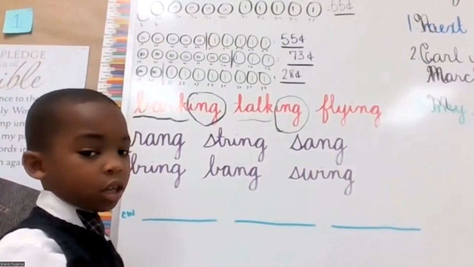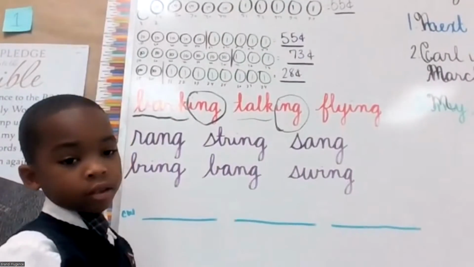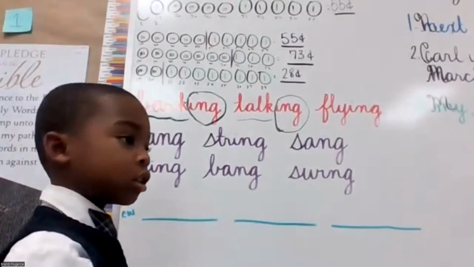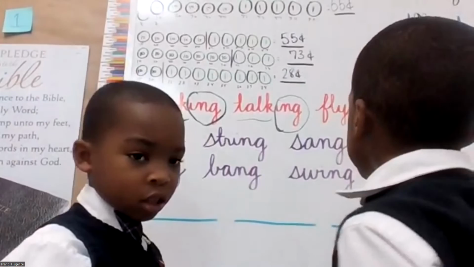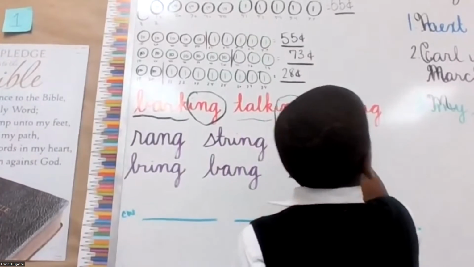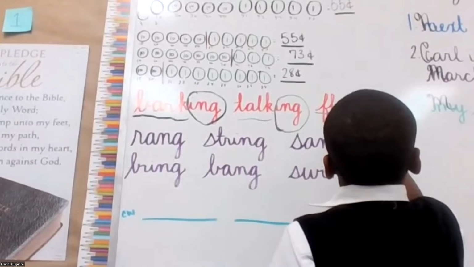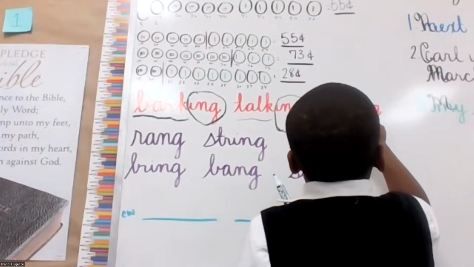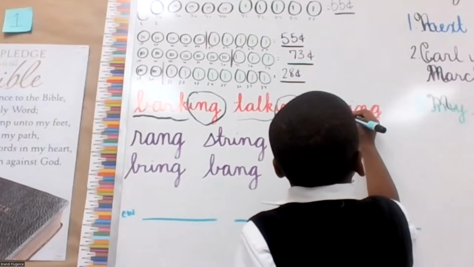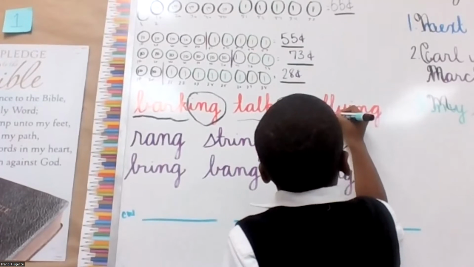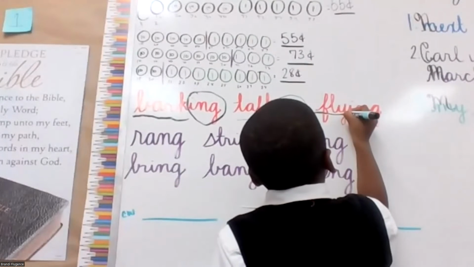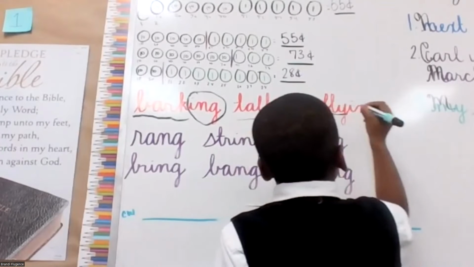I could hear him, so I think you're just picking because I could hear him. Okay. Talking, okay, and last one. He read it, but he didn't tell us what it is.